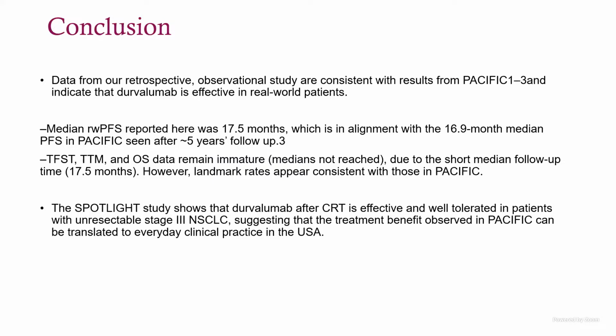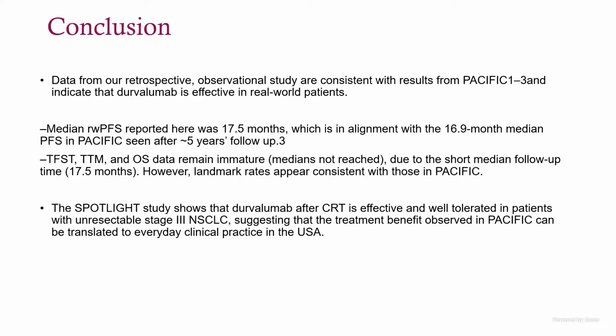So the data from the retrospective observational study were consistent with the results from PACIFIC 1 to 3 and indicate that durvalumab is effective in real world patients. The median PFS reported here was 17.5 months, which was almost matching the trial data of 16.5 months, and was aligned with the PACIFIC 3 data.